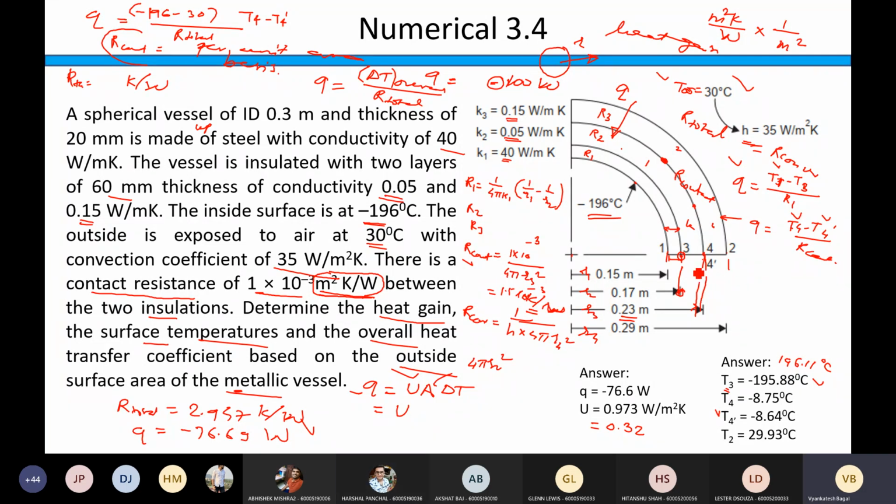And then cross check. So 0.9454. That's fine. It's close to the value which is given, no? Now T2 value is correct, 29.93. Yes, sir.